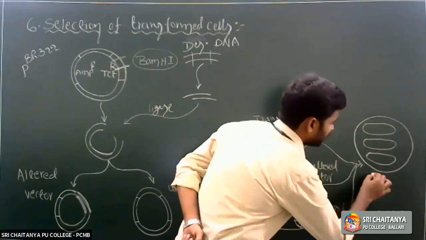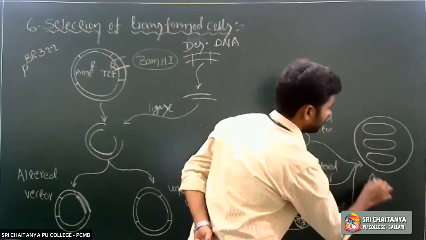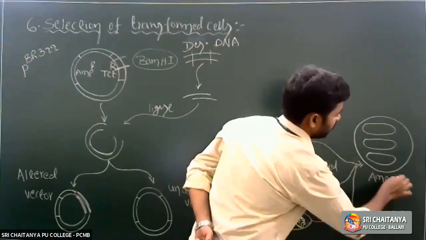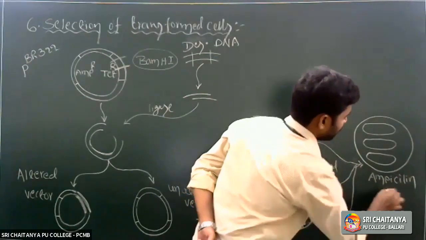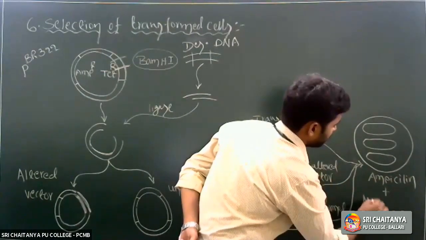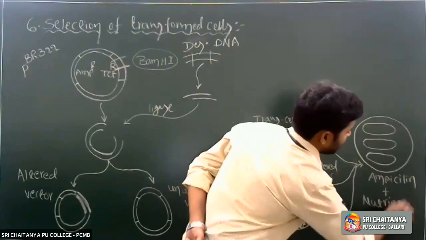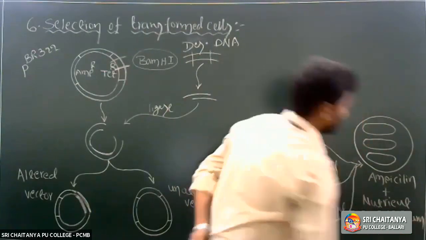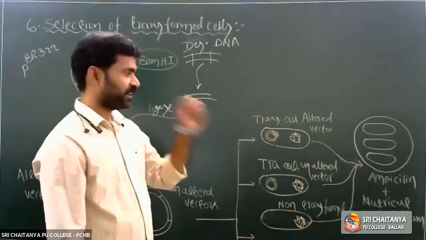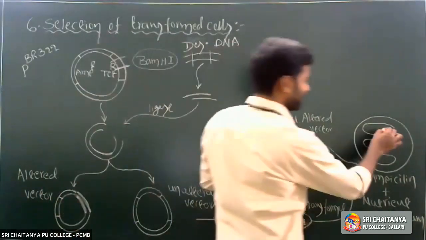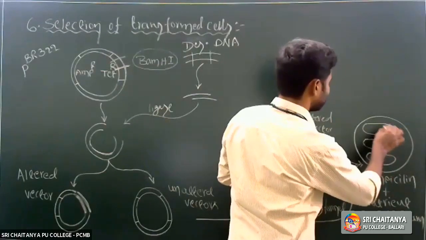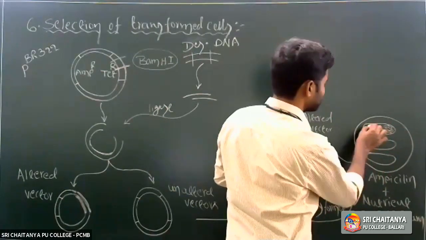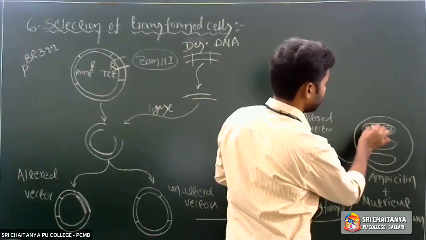So this Petri plate has ampicillin plus nutrient medium. In this nutrient medium and ampicillin medium, which bacterial cells can survive and which bacterial cells are eliminated?